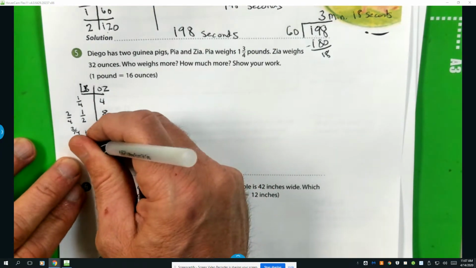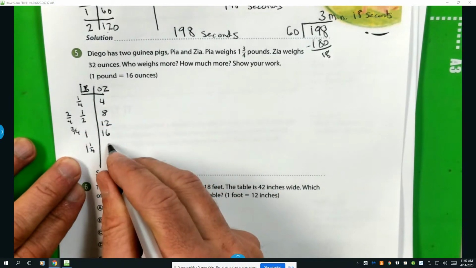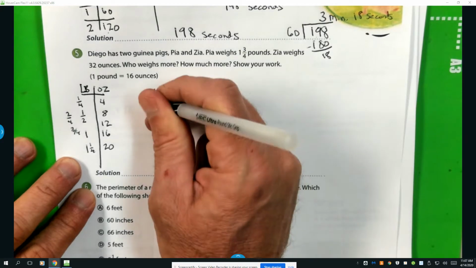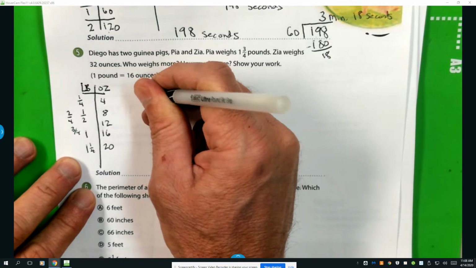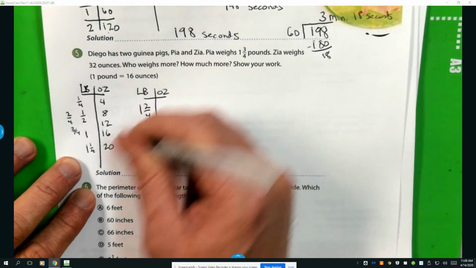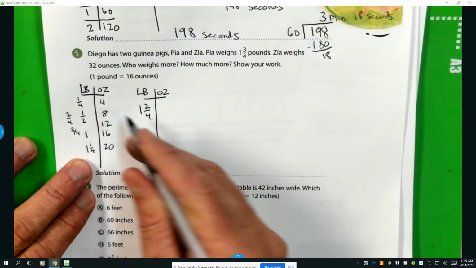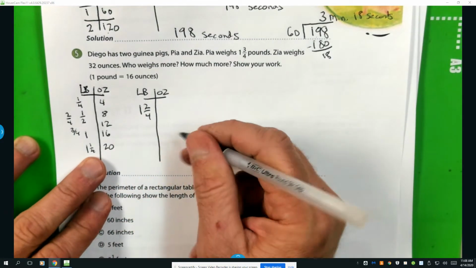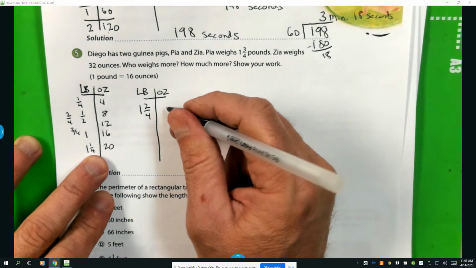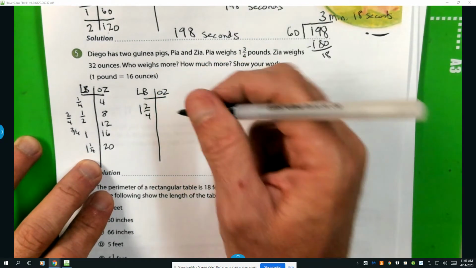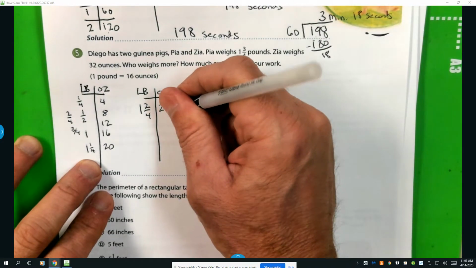So 1 1/4 is 16 plus 4, which is 20 ounces. 1 2/4 is 20 plus 4 more, or 16 plus 8, 24 ounces.